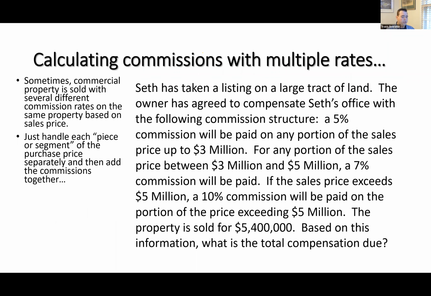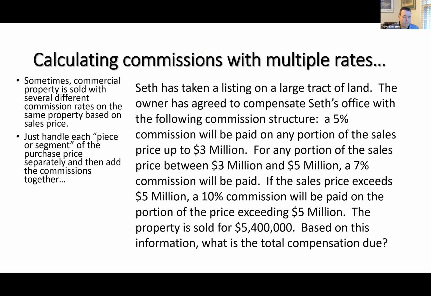So when you look at a question like this, let's read through the question, then I'm going to show you visually how I would answer it. It says, Seth has taken a listing on a large tract of land. The owner has agreed to compensate Seth's office with the following commission structure. A 5% commission will be paid on any portion of the sales price up to $3 million.